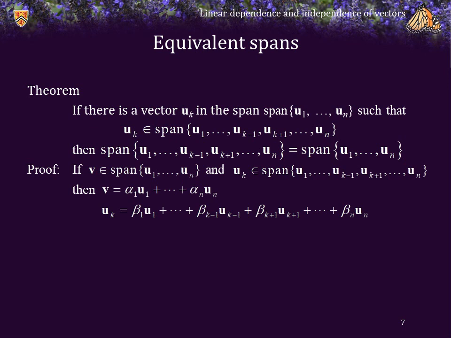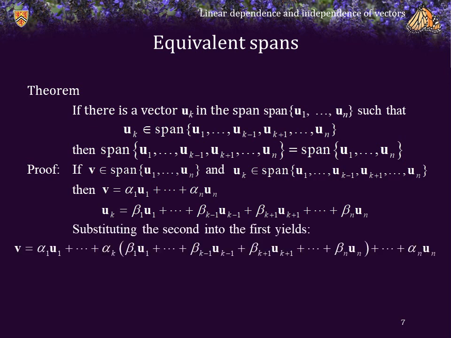Well, if that's the case, then we can substitute the second formula into the first. And we note that we can replace u sub k with its linear combination of all other vectors within the collection u1 through un, again excluding u sub k.